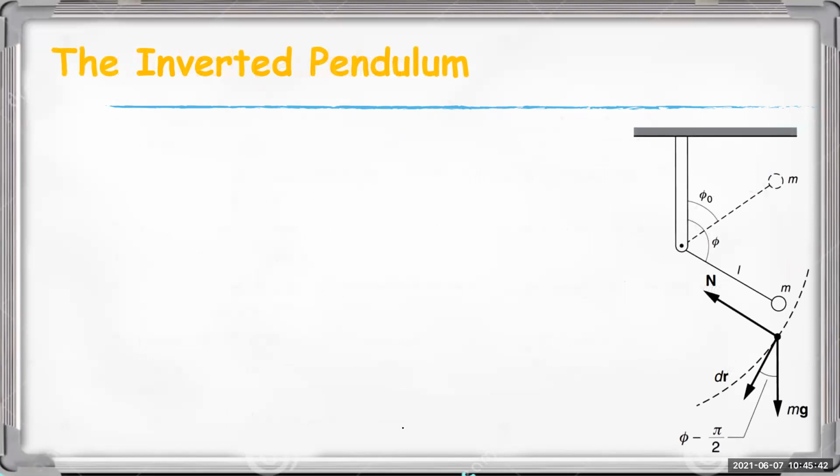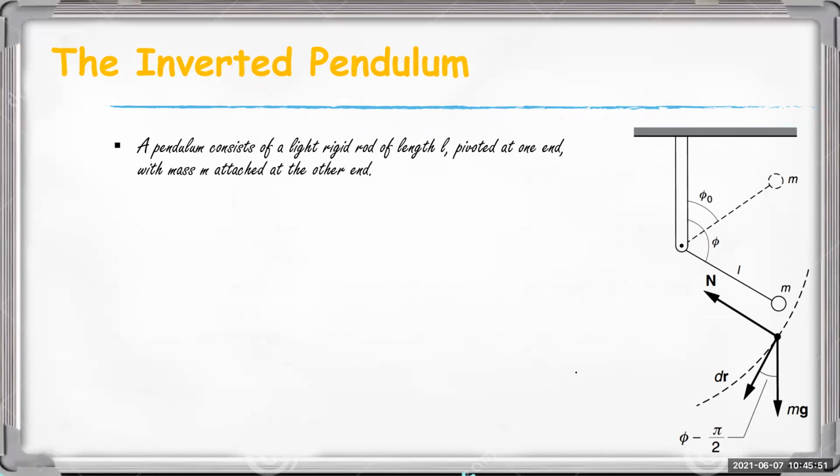Now we discuss the topic of the inverted pendulum. In the figure, a pendulum consists of a light rigid rod of length l pivoted at one end with mass m attached to the other end.